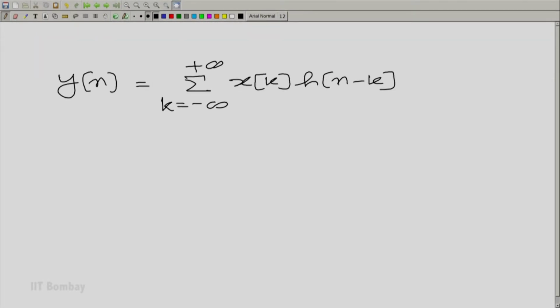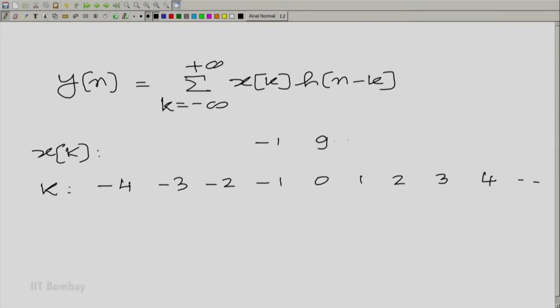Now, you see, let us write down the indices k over a large range. Let us write them down starting with -4. And let us write down x of k on top of that, because x of k is not going to change. So, it is -1 here, 9, 5 and 3 there, and everywhere else it is 0. Now, h of n minus k, we need to reason this out.